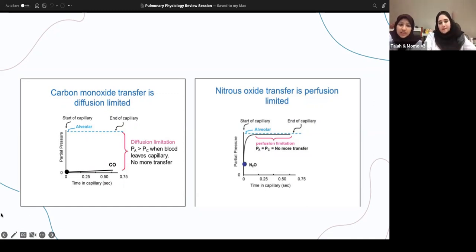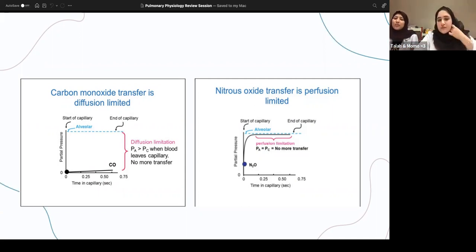I just wanted to clear one thing. Arterial PO2, PaO2, is a measure of the dissolved oxygen you have in the blood, because that's what you're measuring.